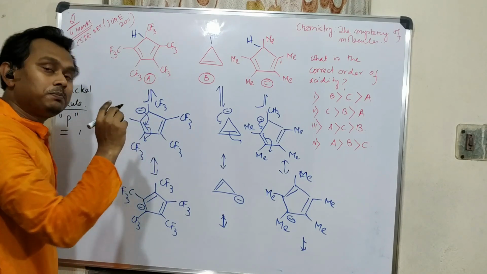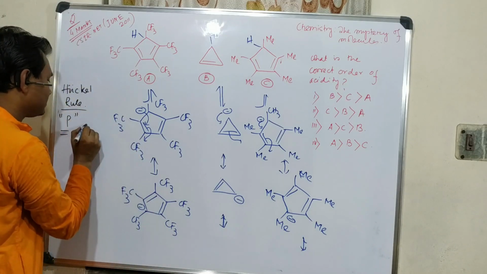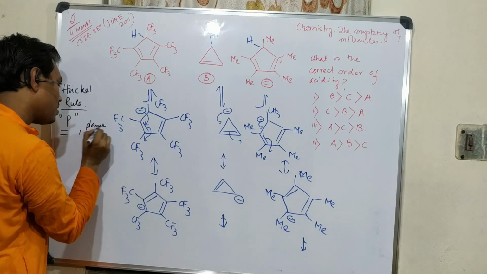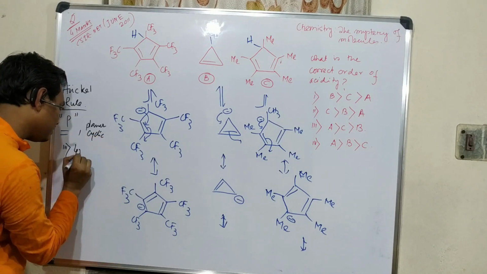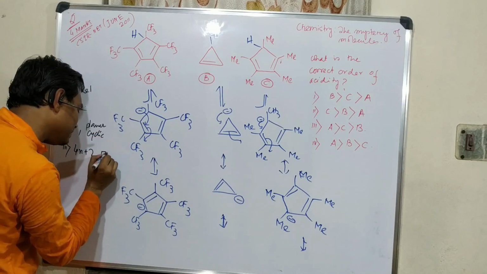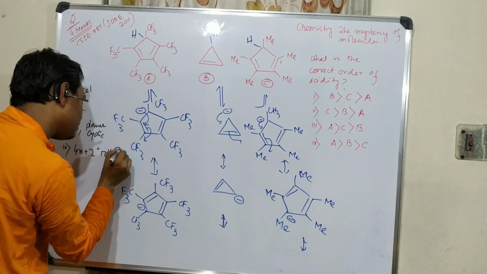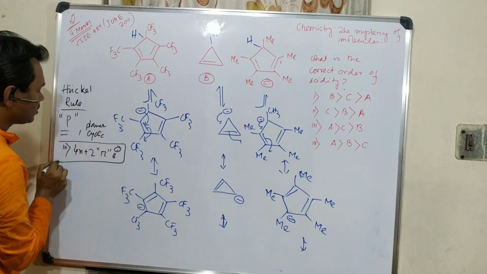Second, it should be planar and cyclic. And third is 4n plus 2 number of pi electrons.